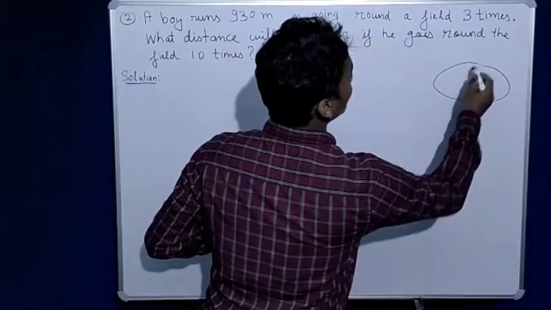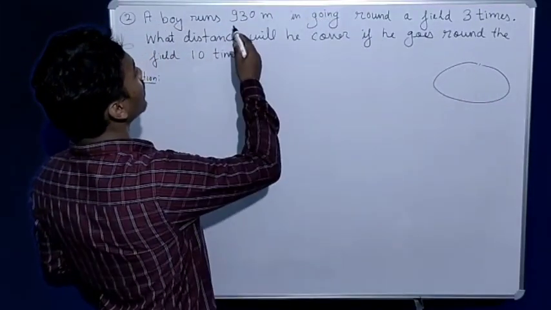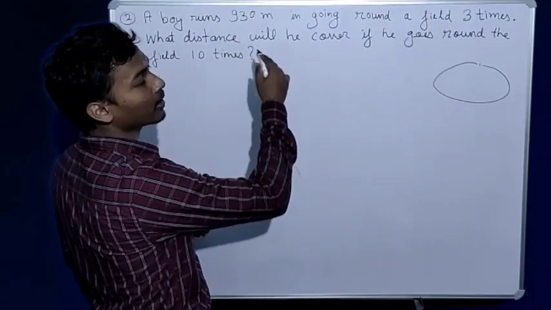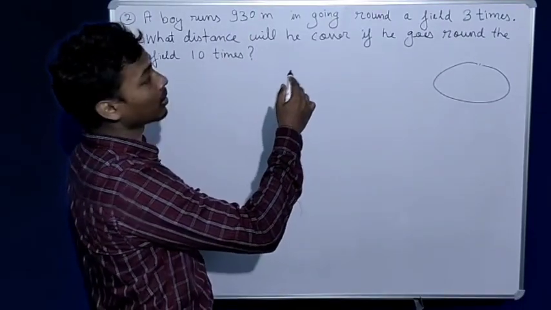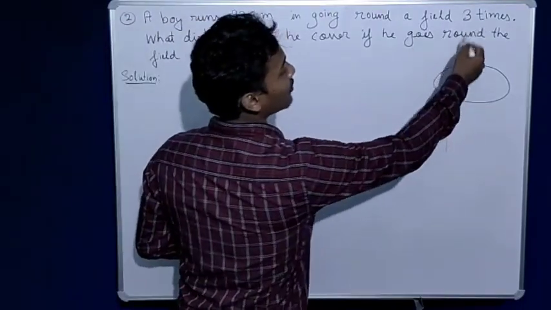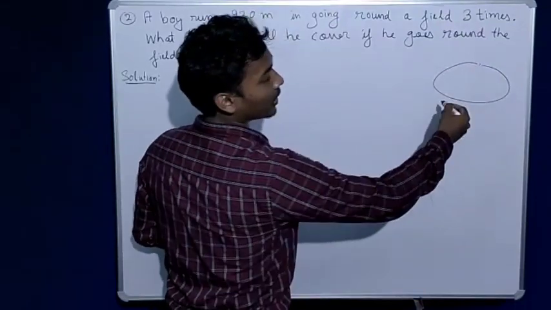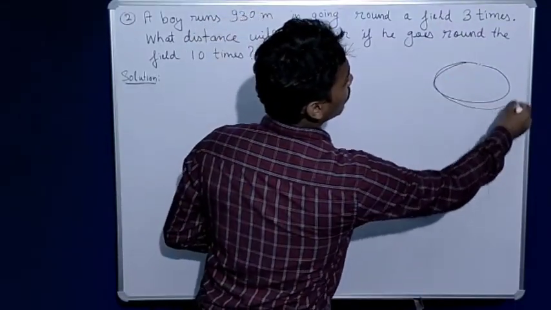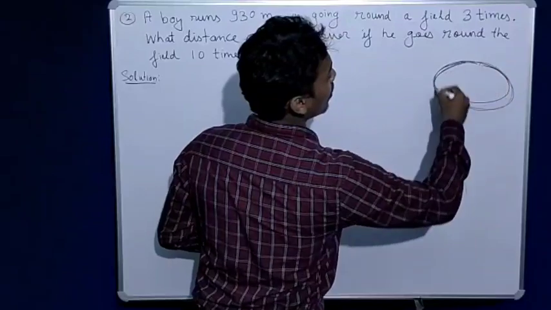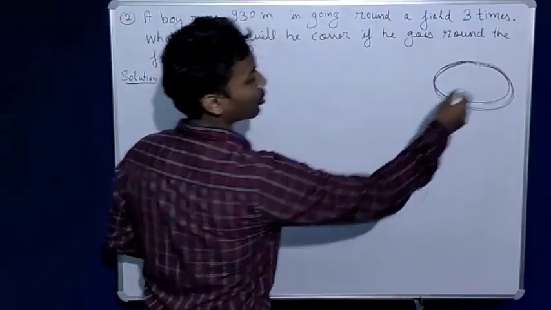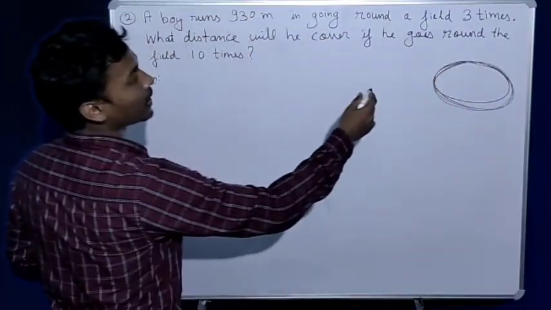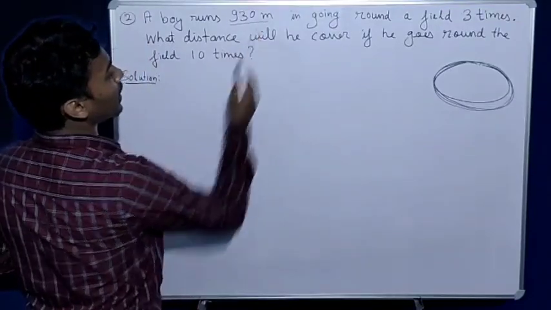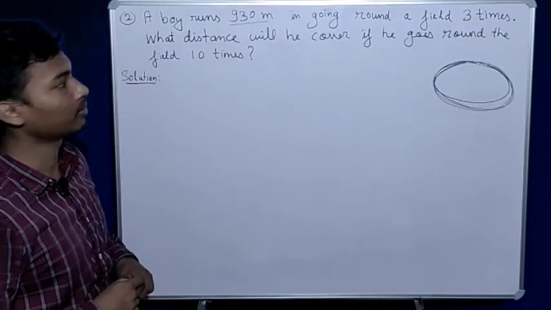In this field the boy runs 930 meter by running 3 times, or you can say 3 rounds. So he went 1 round, 2 rounds and 3 rounds.